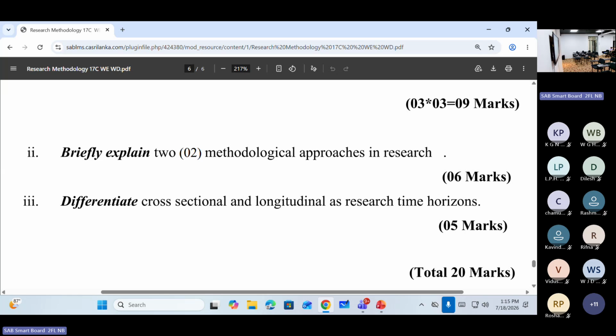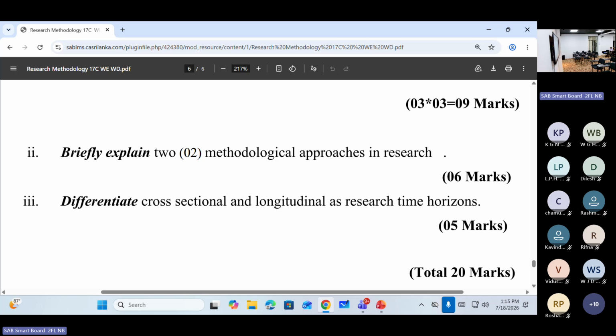Write down the example. Measuring financial performance. Sorry, a study on ESG reporting.